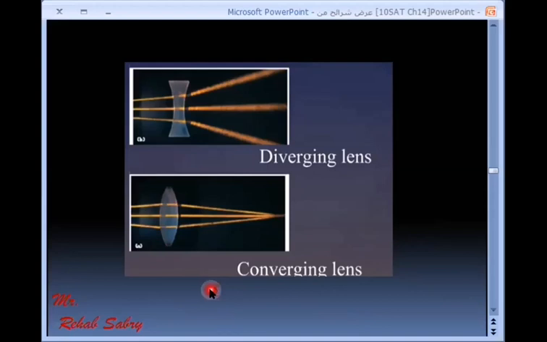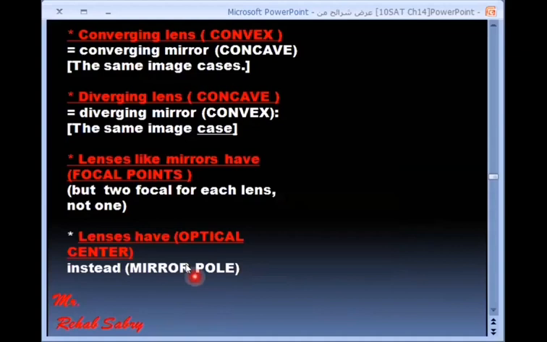So the converging lens, which is the convex lens, corresponds to the converging mirror, which is the concave, because they have the same image cases and approximately the same behavior of the rays. But the diverging lens, which is the concave lens, corresponds to what? The convex mirror.